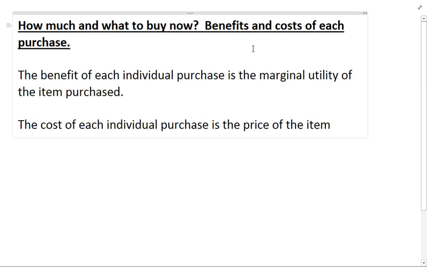Benefits and cost of each purchase. So when you buy something, it has usefulness. Think about eating a hamburger. You're hungry, you pay for the hamburger. While you eat it, you're happy because it's satisfying your hunger. The cost of the product is the price you pay.